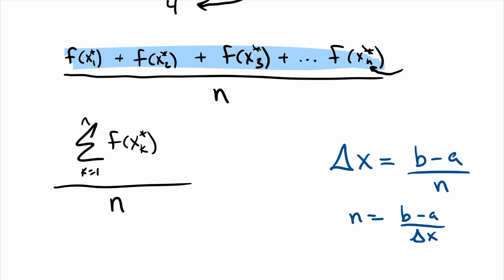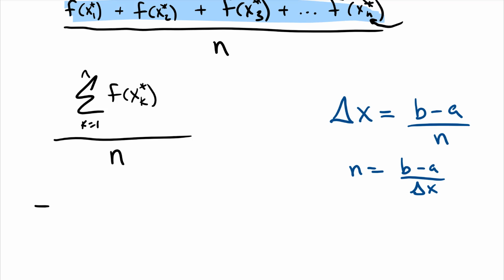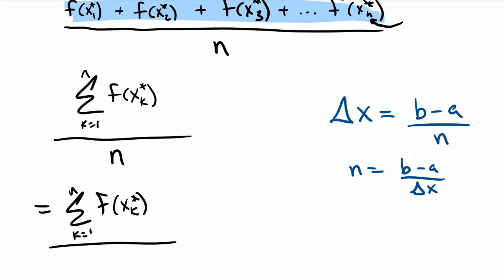So let's replace this and see what ends up happening. This is the same thing as the sum from k equals 1 up to n of f of x sub k star, divided by b minus a over delta x. But look what happens. When you divide by a fraction, that thing just flips up to the top.